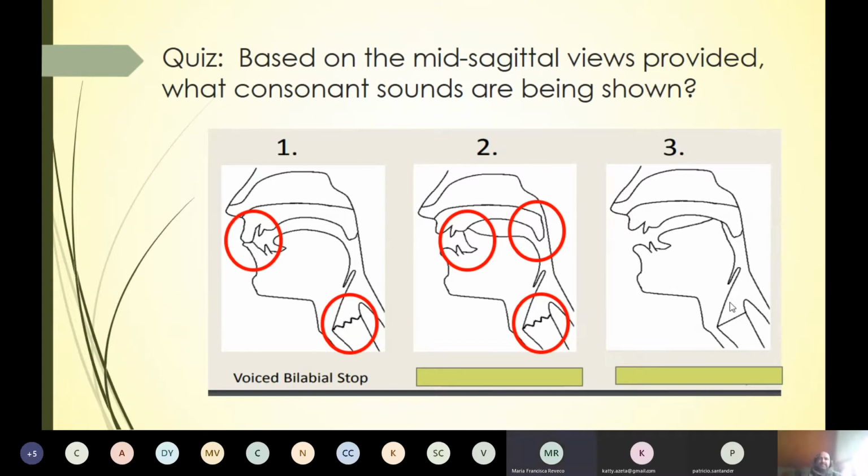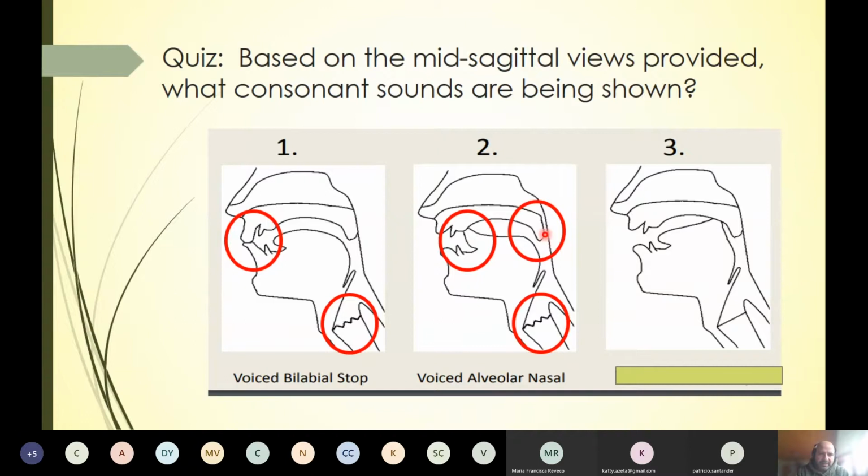Alveolar. Okay. Voiced. Voiced. Perfect. Okay, I'm going to show the answer. So it is voiced, it is alveolar, exactly, and it's a nasal sound because you see the velum that is lowered here.